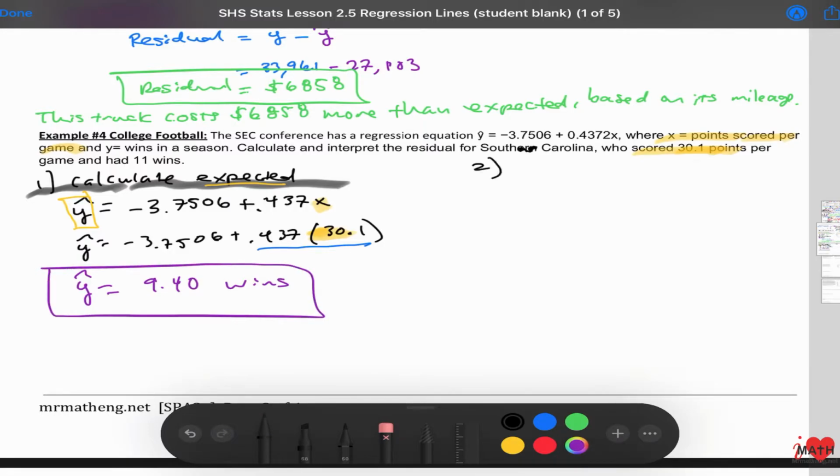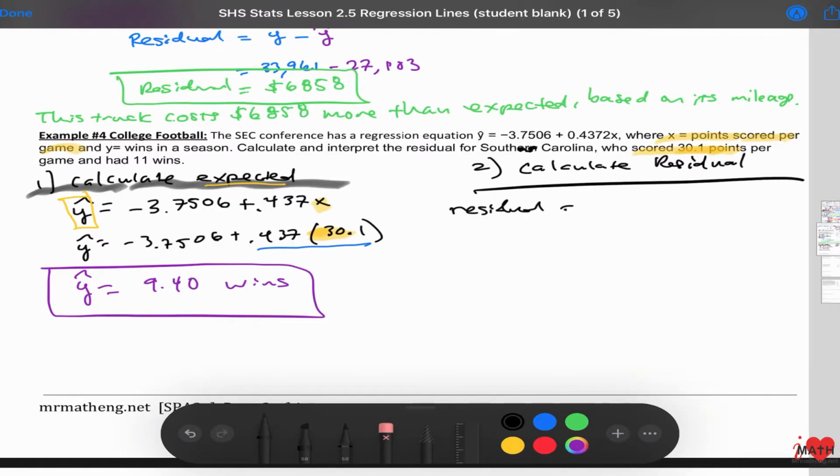Well, then over here, we're going to calculate the residual. Residual is the actual minus the predicted. The actual is they won 11 wins, right?